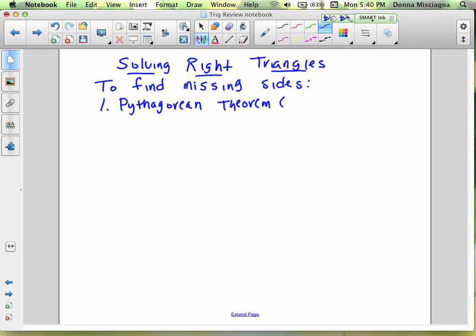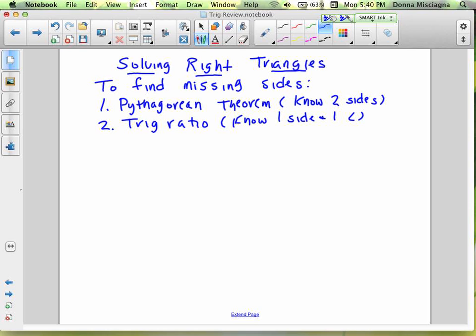You'll use Pythagorean theorem if you know two sides. Our other technique is a trig ratio. We'll use a trig ratio if we know one side and one angle.